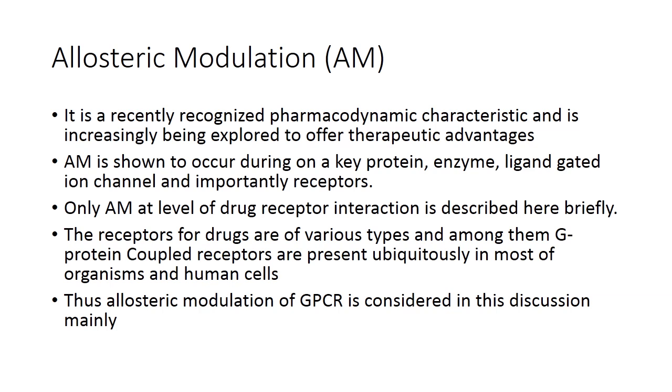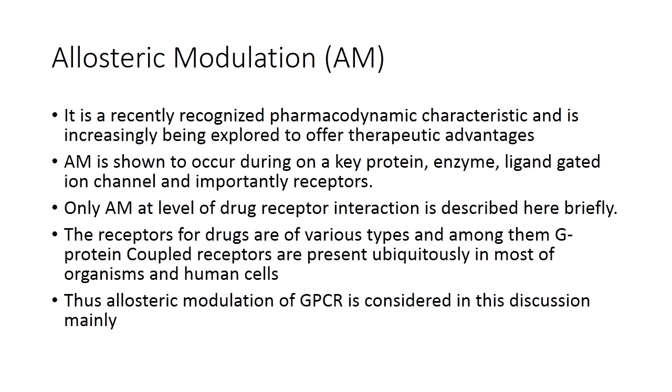It is shown to occur during interaction with a key enzyme, protein, a ligand-gated channel, or more importantly, receptors. In this discourse, I will discuss only a brief about drug-receptor interaction and its allosteric modulation.